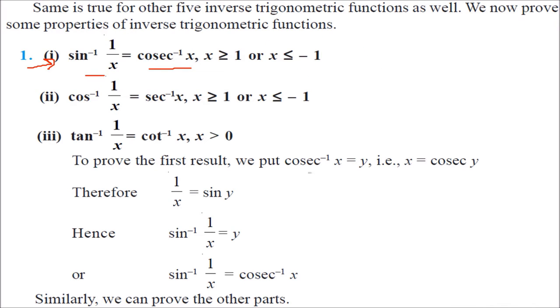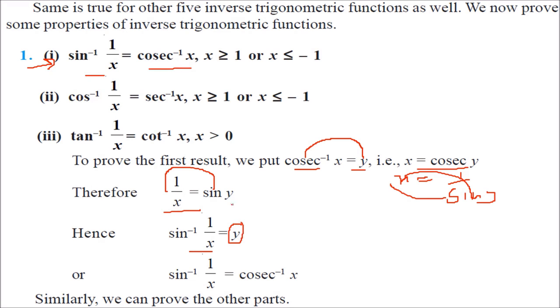Let me take cosec inverse x equal to y. That means x is equal to cosec y. This means x is equal to 1 by sine y. Take sine y here, x here in the denominator. So sine y will be 1 by x. What will be sine inverse 1 by x? That will be your y. And what was y? It was cosec inverse x. So sine inverse 1 by x became cosec inverse x.